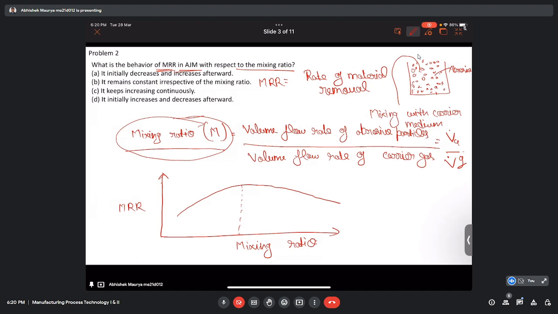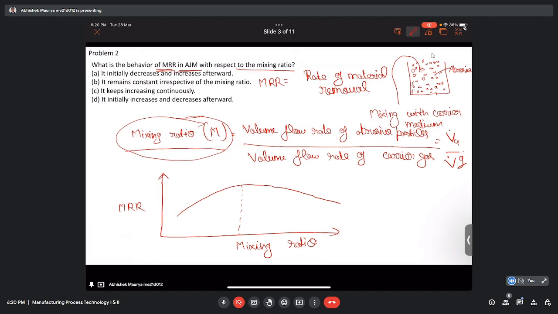If you want, you can write in the chat box whatever we know from our knowledge. Since material removal is taking place because of the abrasive particles, if we keep on increasing the volume of the abrasive particles, then material removal should increase.